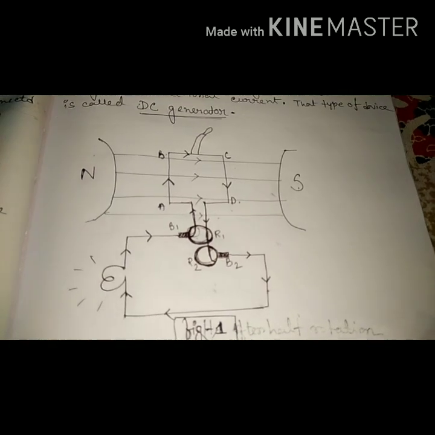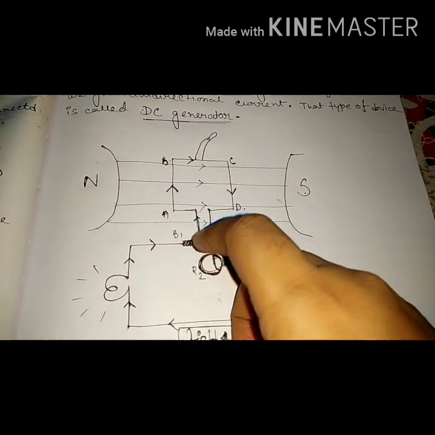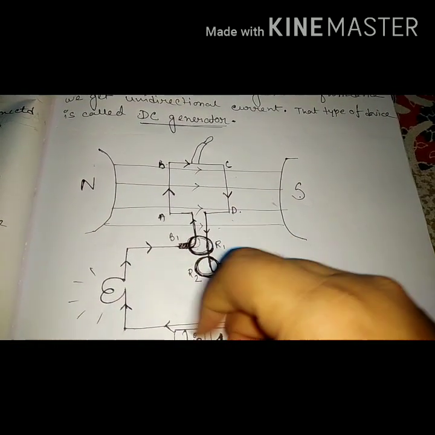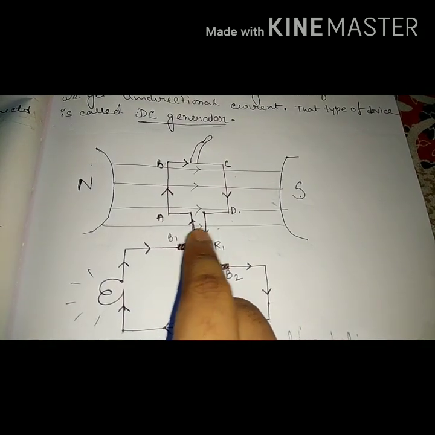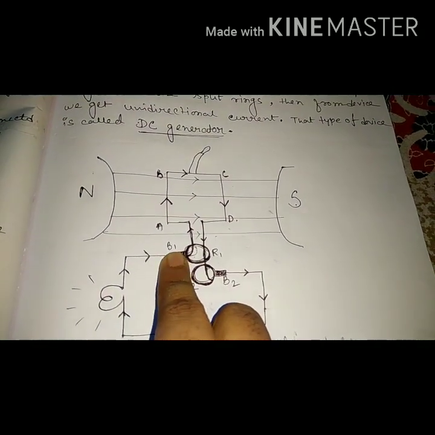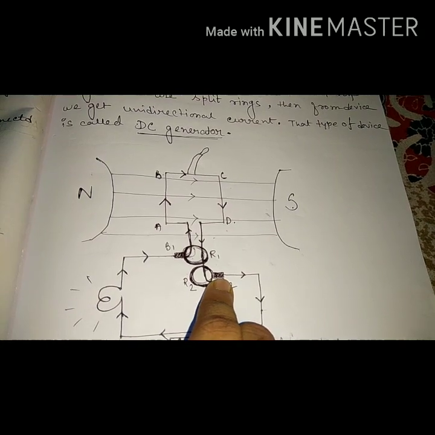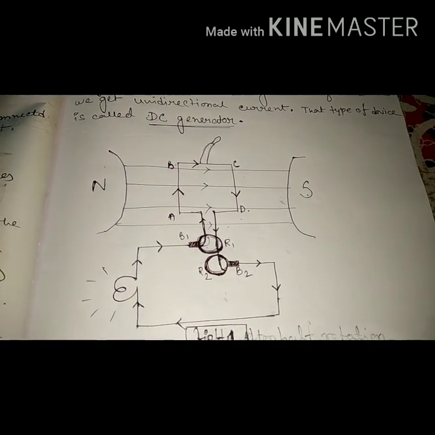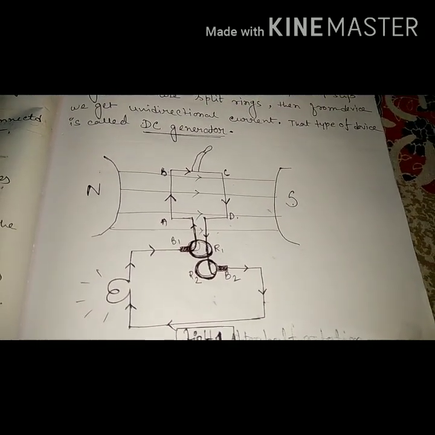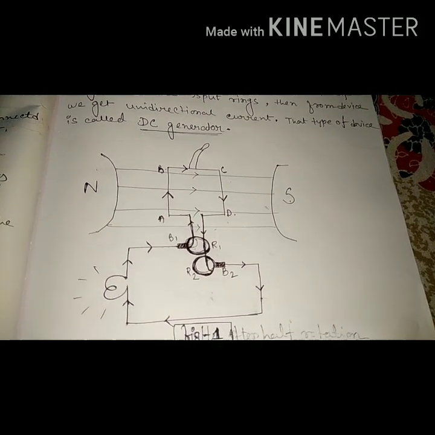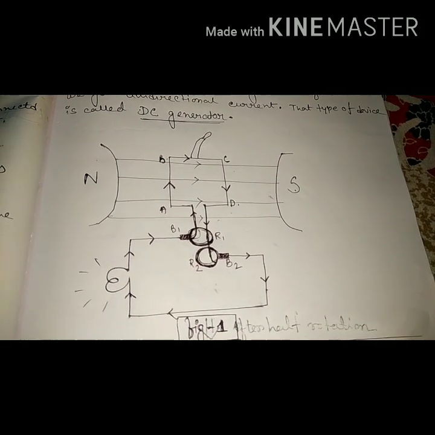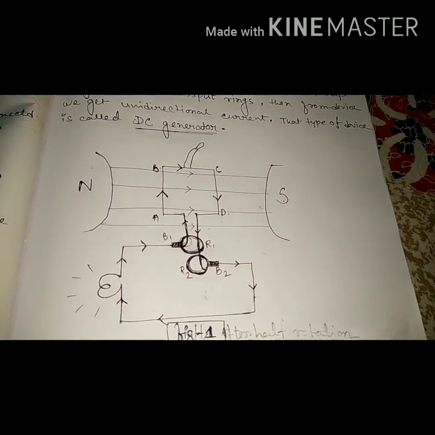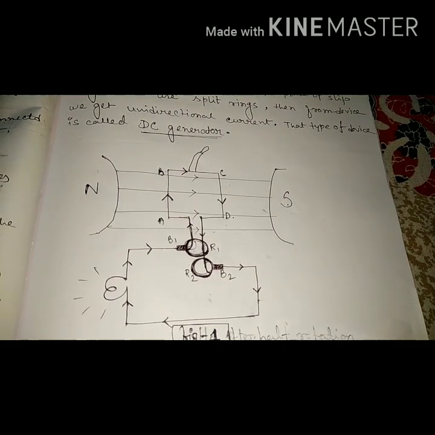Now when the coil rotates, the slip rings also rotate with this armature, but after half rotation this will again connect with the brushes B1 and B2. In case of a motor, when we move the armature, the slip rings also alternately change, that means R1 is connected with the second brush B2 and R2 is connected to B1.